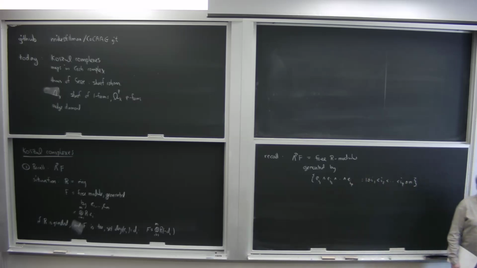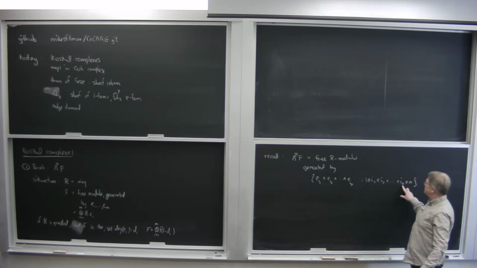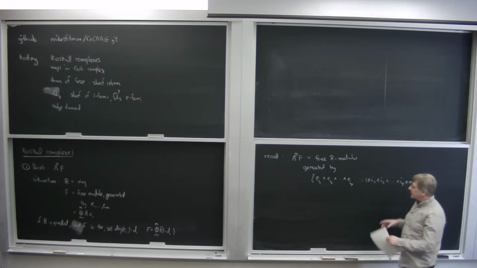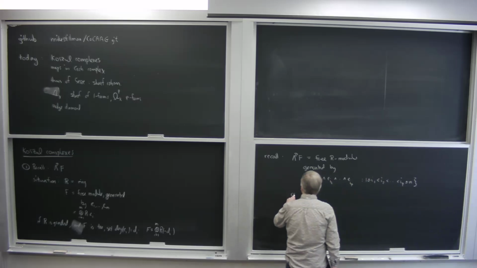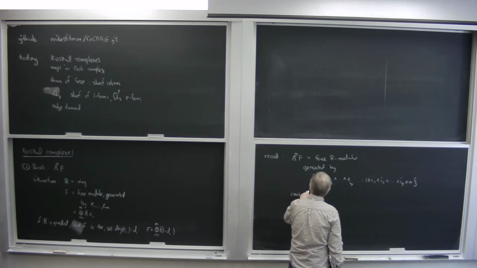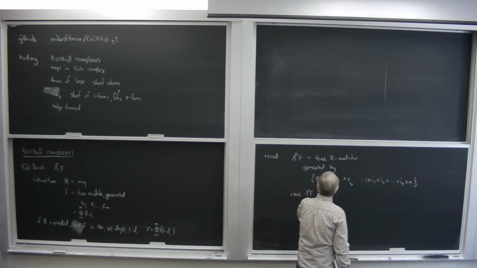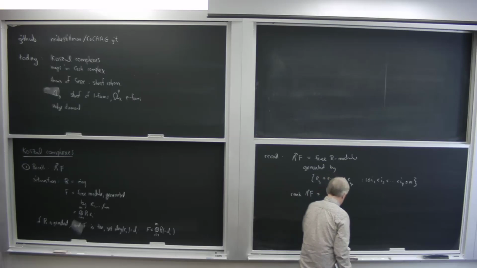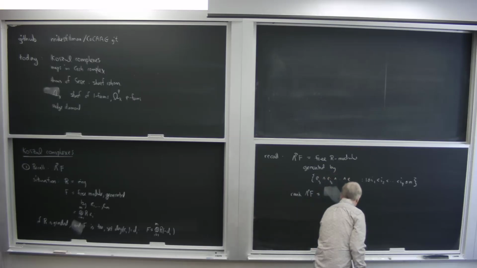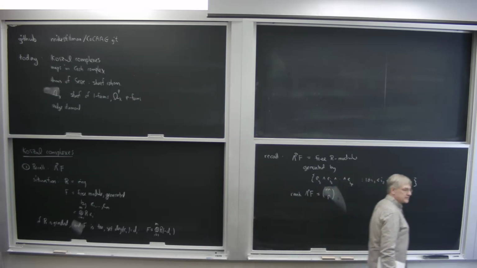It has one generator for every subset of P things, so the rank of this free module is m choose P. That's how many subsets there are.